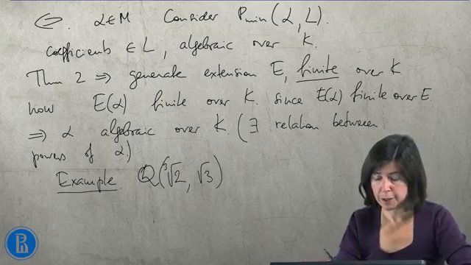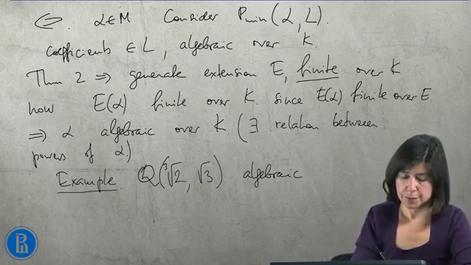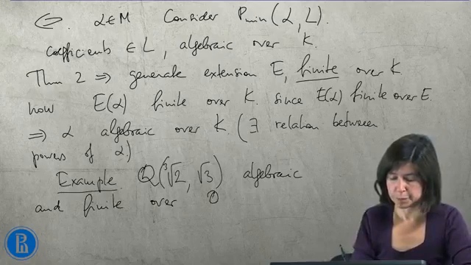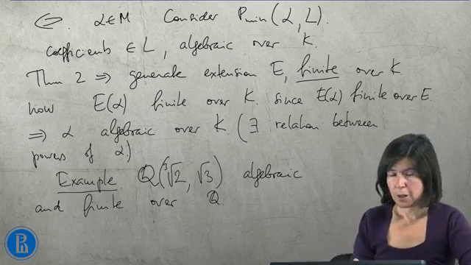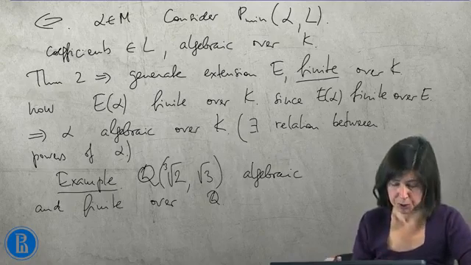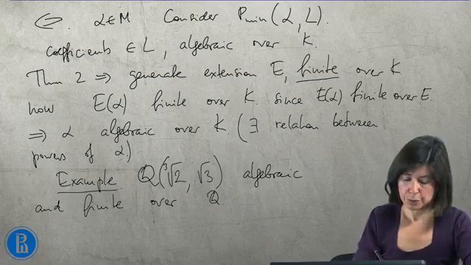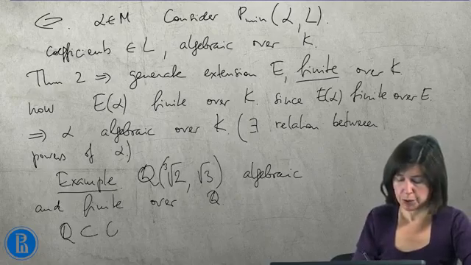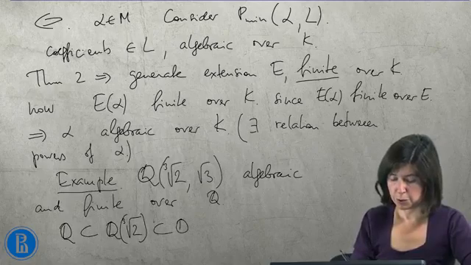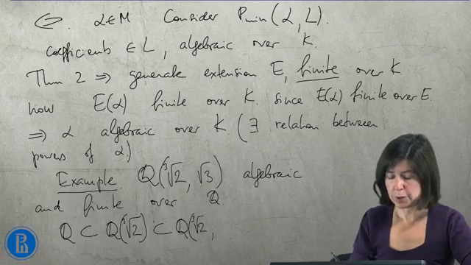This is clearly algebraic and finite over Q. And what is its degree? The degree of this extension is 6. Indeed, we have Q inside Q adjoined the cubic root of 2 inside Q adjoined the cubic root of 2 and square root of 3.